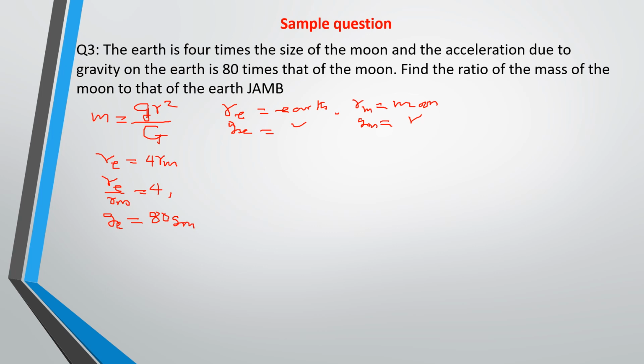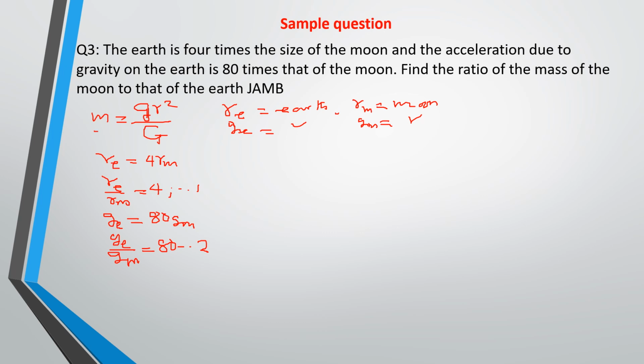So you can also write that GE over GM equals 80. Okay, so this is what we have gotten. If this is 1 and this is 2, for reference purposes, we can refer to them as 1 and 2.